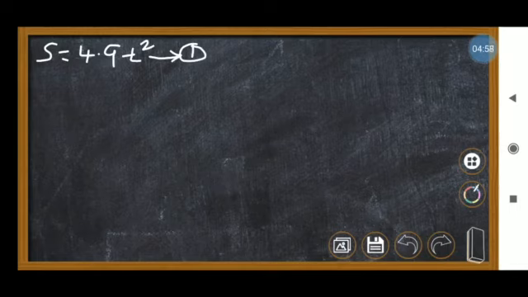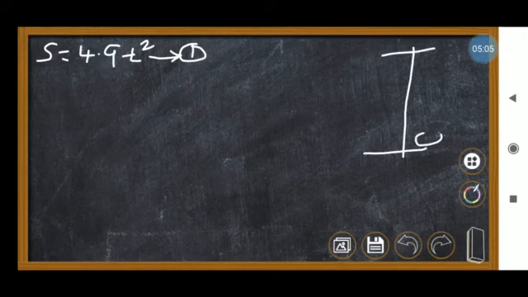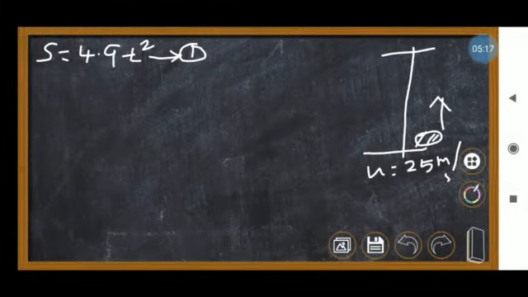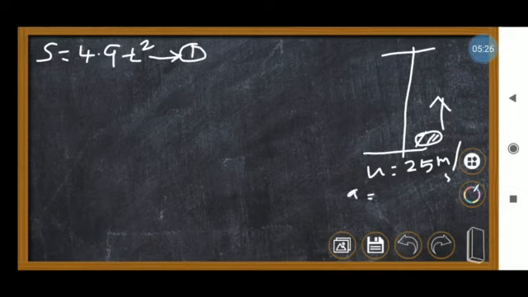The next equation: when you are throwing the stone upwards with the initial velocity u equal to 25 meter per second, your a value is minus 9.8 meter per second square.